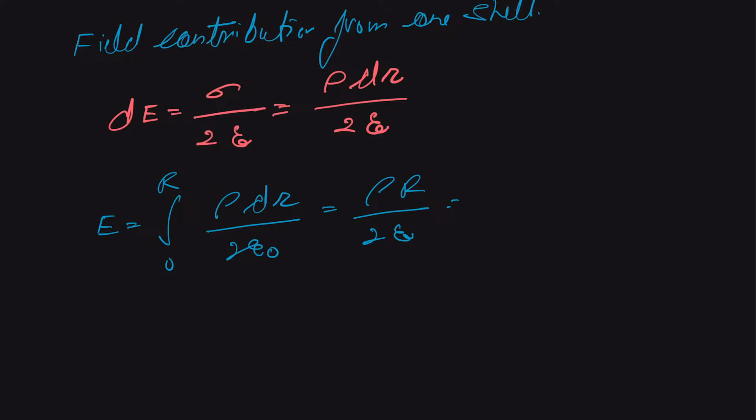And in terms of direction, it will be the same, that is rho r upon 2 epsilon naught in the direction of the unit vector. Okay, and the magnitude is our same, only the difference is in the charge density. Okay, so this completes all the 4 questions for today. Thank you.